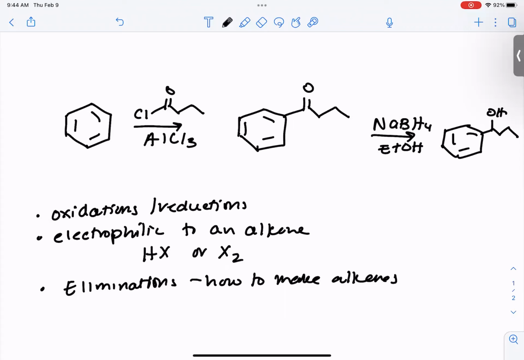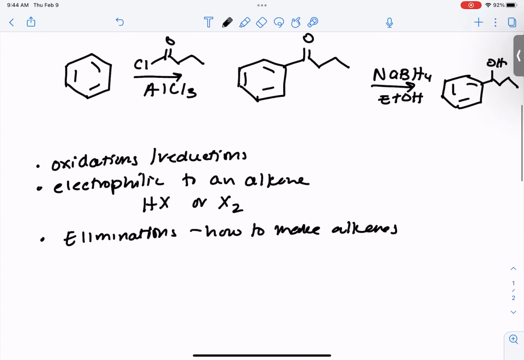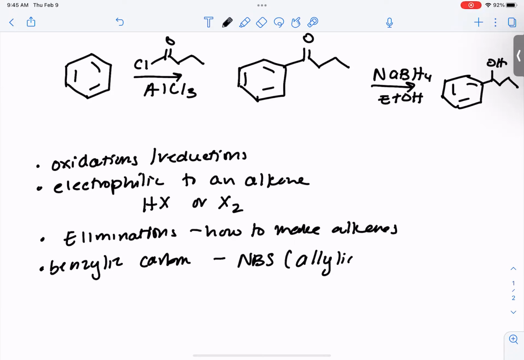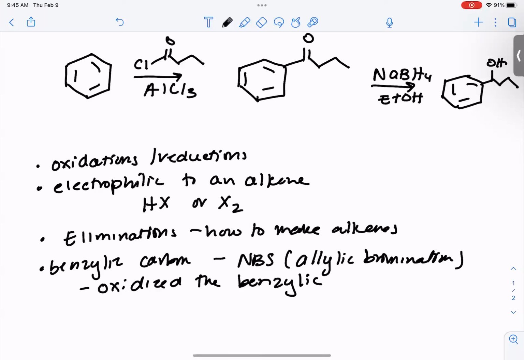Just to refresh your memory, I did it in the context of the benzylic carbon. But you could do NBS, which is that allylic bromination. And again, just to remind you, we oxidized the benzylic carbon. This was in chapter 17.